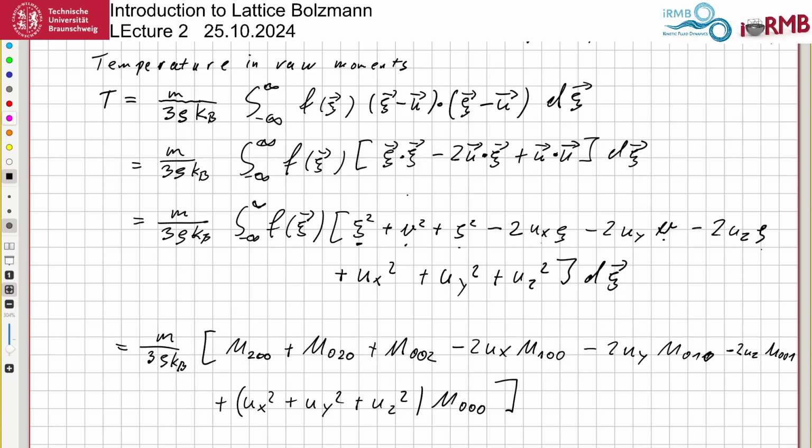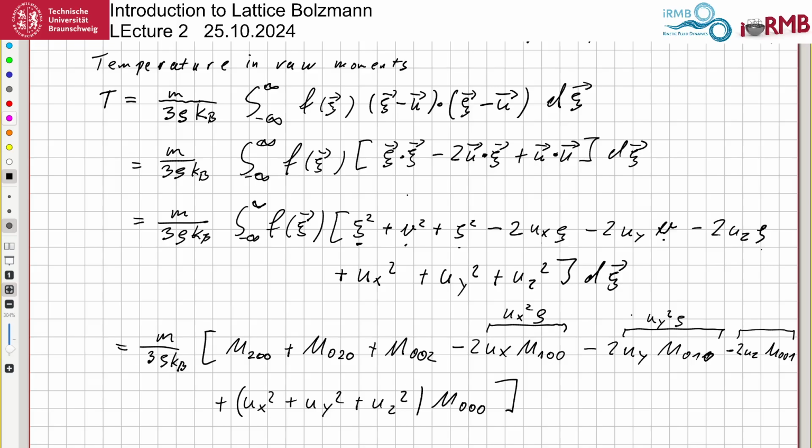And now we have to identify what this is. m100 is the momentum. So it's the density times the velocity. And this will cause this here obviously to be ux squared times rho. The same thing with this guy, uy squared times rho.